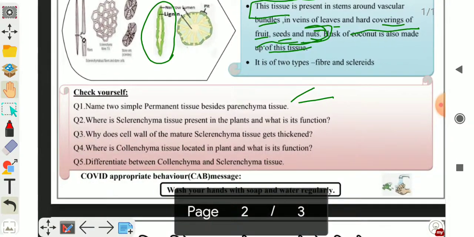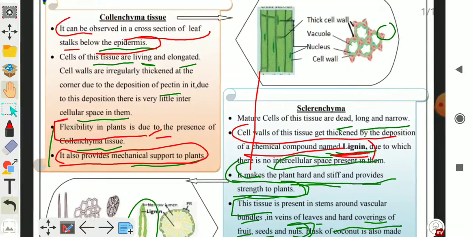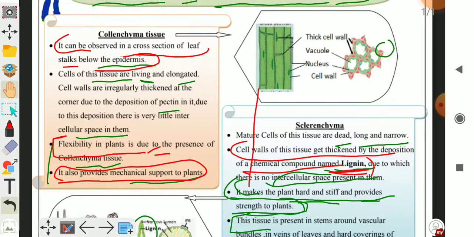Next question. Differentiate between collenchyma and sclerenchyma tissue. You have to write at least 3 differences.